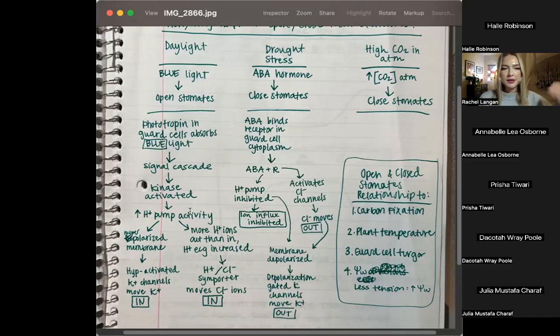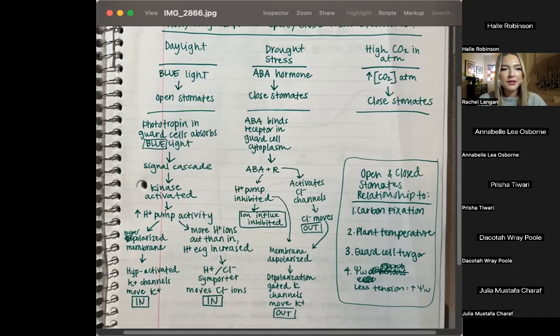As we pump hydrogen ions out to the apoplast, that's going to hyperpolarize the membrane and activate hyperpolarization-activated potassium channels. It's the most annoying channel to write out fully, so I just put hype activated. But that's going to move potassium ions in.